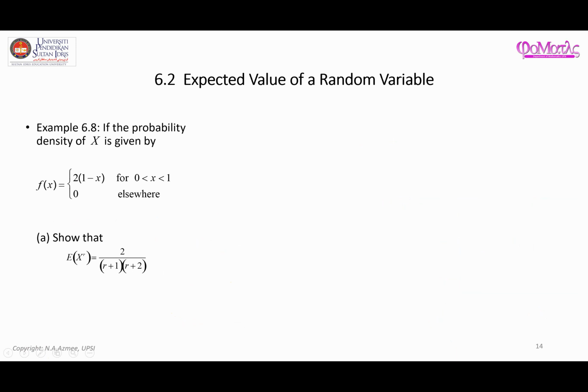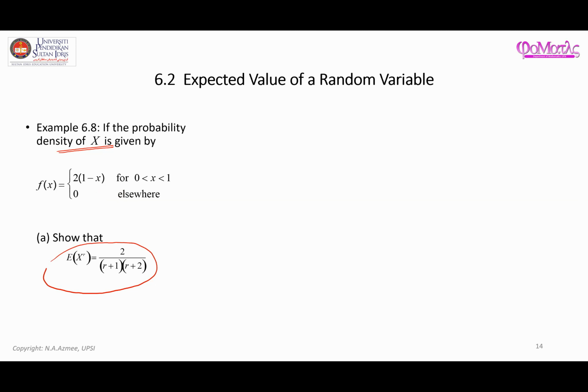Okay, this is another example here. If the probability density of x, so we are giving an example related to a continuous random variable, so here we have x, and the PDF is given as such, show that the result here is true. Okay, so what we can do is start off with the definition.